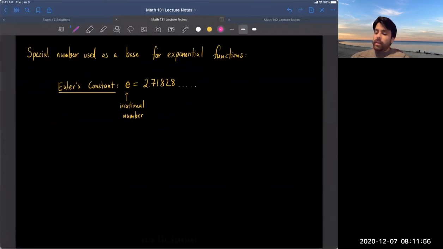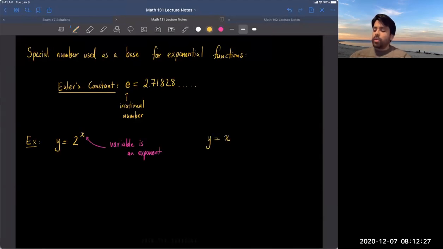Okay, so let's say I give you an example of an exponential function, y equals 2 to the x, right? So that's one thing you should notice, that what makes an exponential function exponential is that my variable is an exponent. And look at the difference between y equals 2 to the x versus y equals x squared.